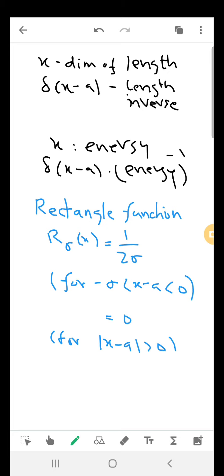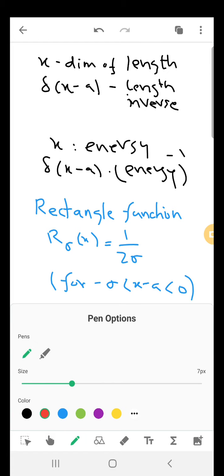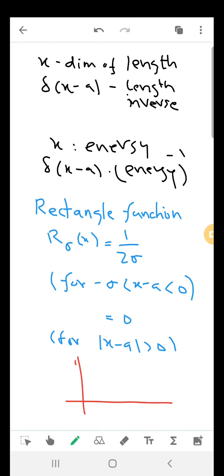If you plot this function, it is like this. This will be for sigma is equal to 0.4.